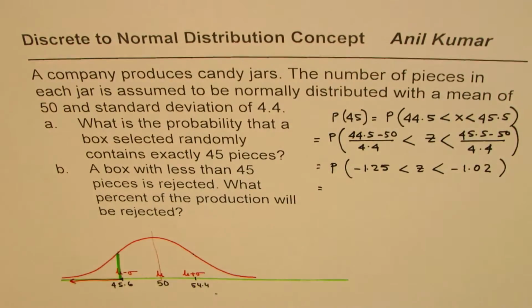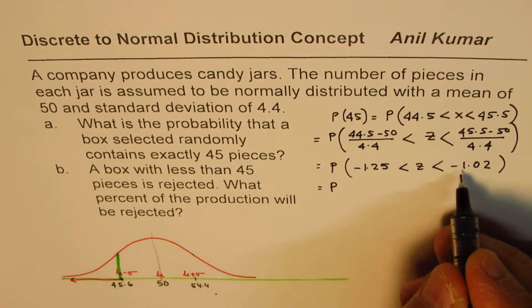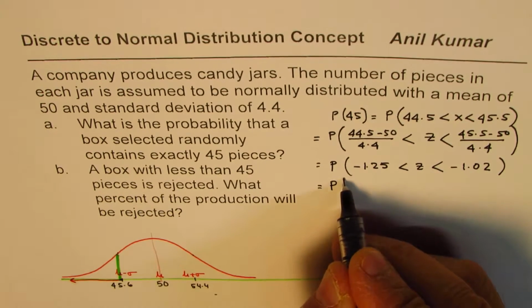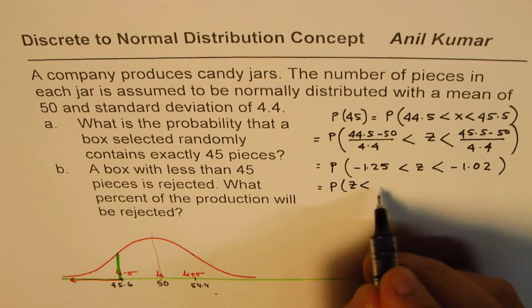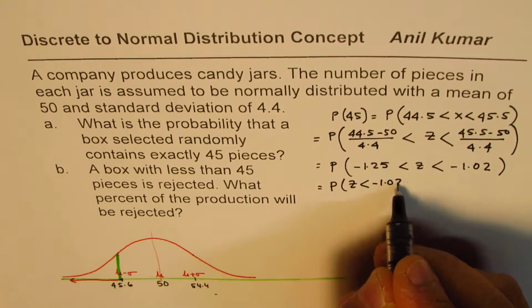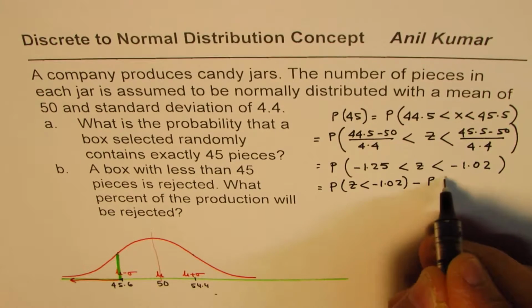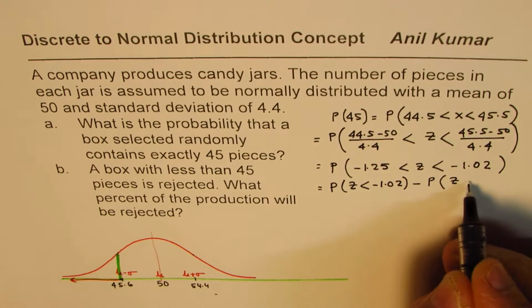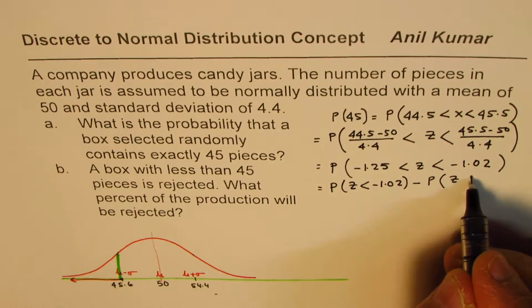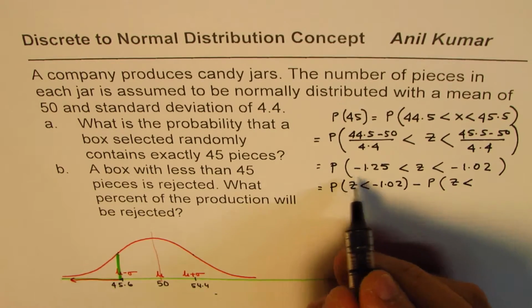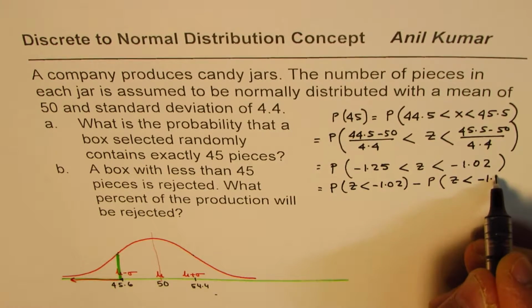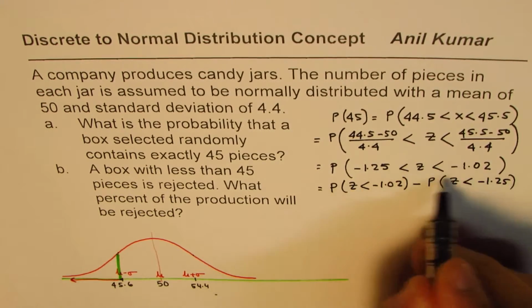So we can write this as probability that z-score is less than minus 1.02, take away probability where z-score is less than minus 1.25. Then we get that interval.